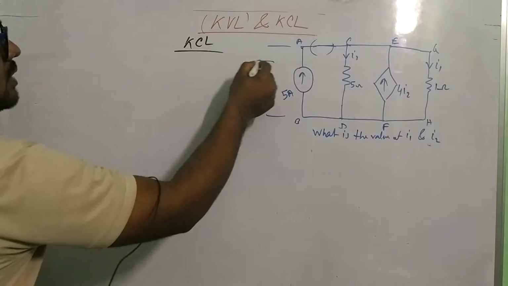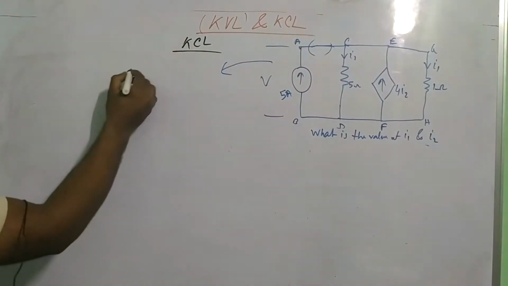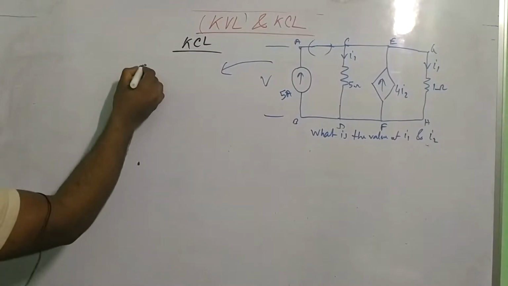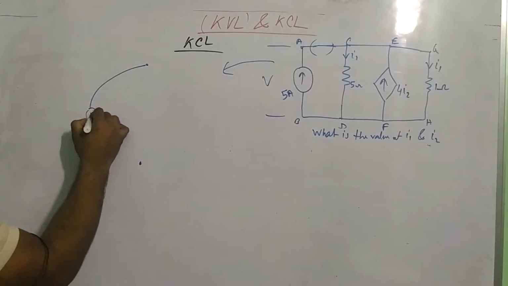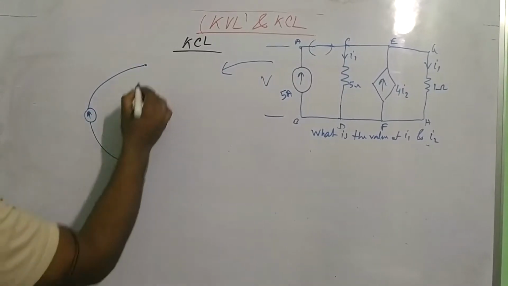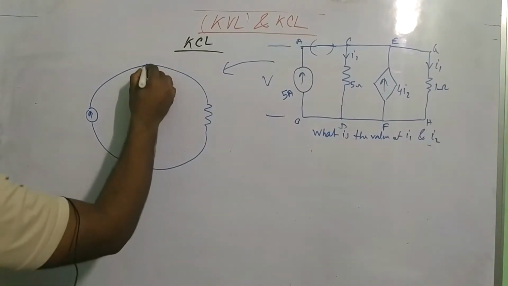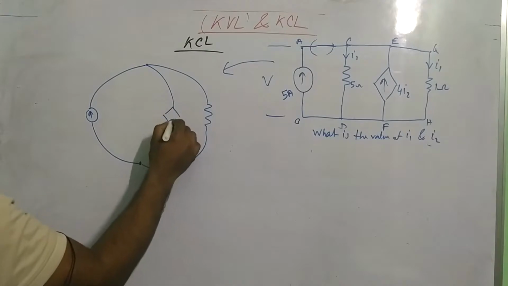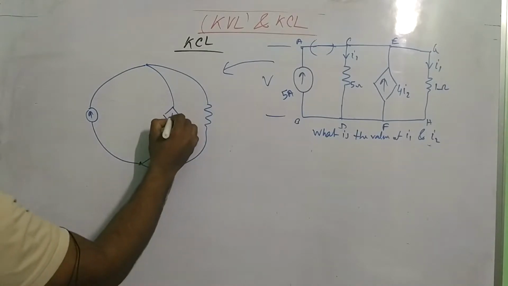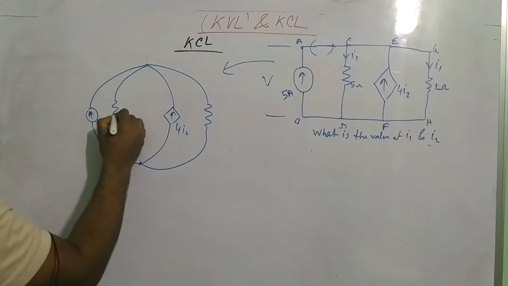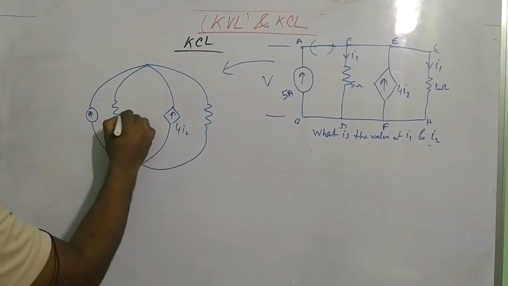If I solve this type of problem taking only two points: first, this is a current source, second, resistance, then this is 4I2. This is a good approach to solve this type of problem.